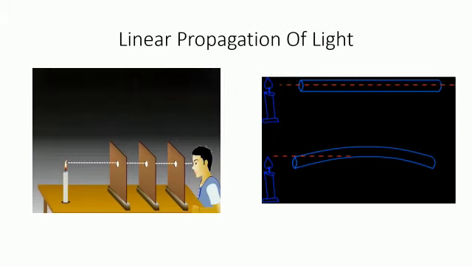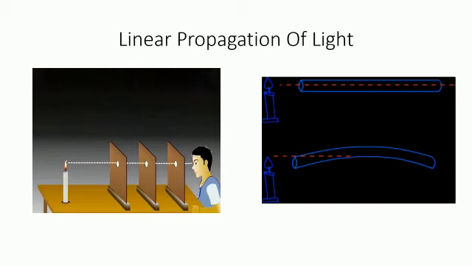Linear propagation of light. Let us study this by doing some activities. Take 3 cardboards, and make a small hole in the center of each cardboard using a thick needle. Arrange the cardboards in such a way that the 3 holes are in the same line, as shown on screen. Stand a burning candle on one side of the cardboards and look at the flame of the candle from the other side.